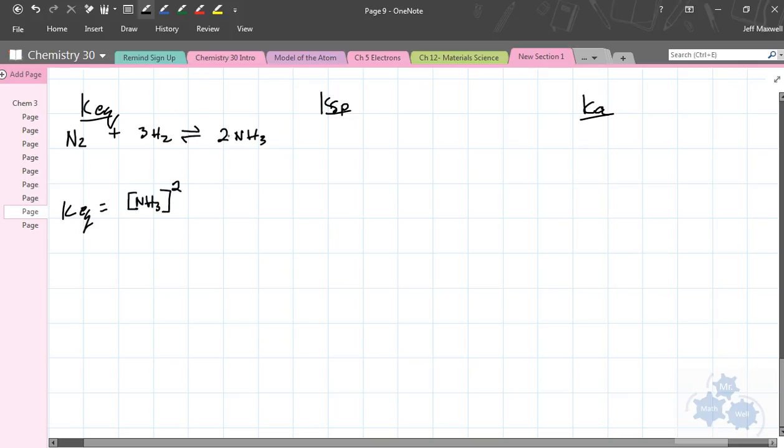Exponent, right? In the Keq, the coefficients are exponents, divided by, and these are all gas, so that's good, concentration of N2 times concentration of H2 to the power of 3. So that's an example of a Keq equation and expression.